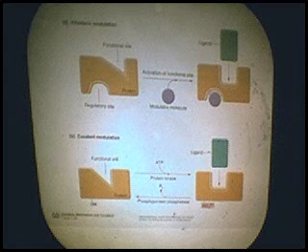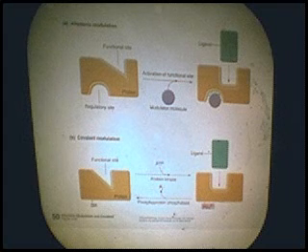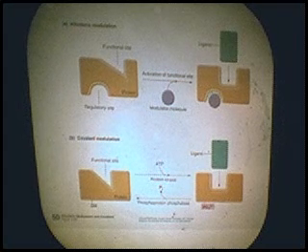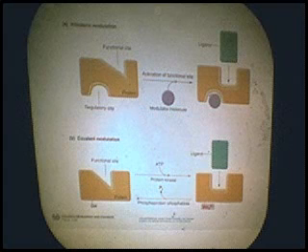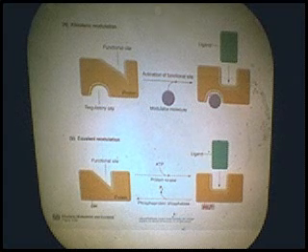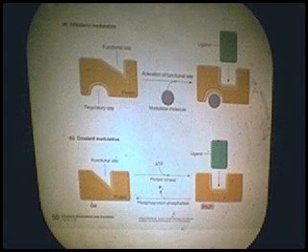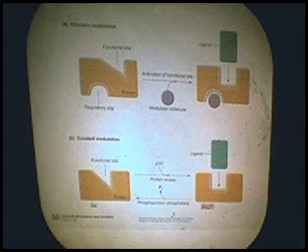This is 3.32 in your book, and it's an introduction to binding site regulation. One way to regulate a binding site is to change the shape of the protein.